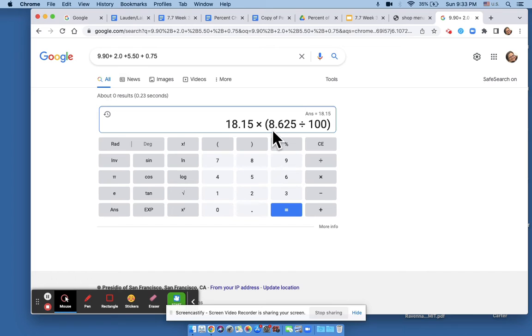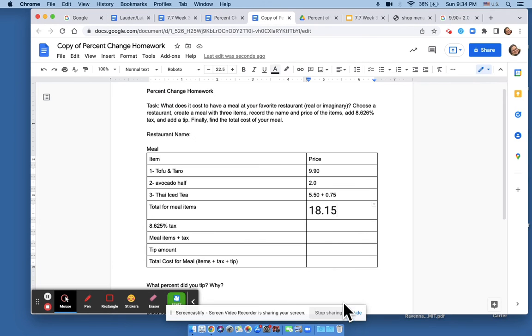So to get 8.625% of 18.15, that's $1.56, actually rounds to 57 because we have that 0.5. So I'm going to say $1.57. Now I could have also multiplied this by 108.625% to get the two together, but I decided just to do it separately.